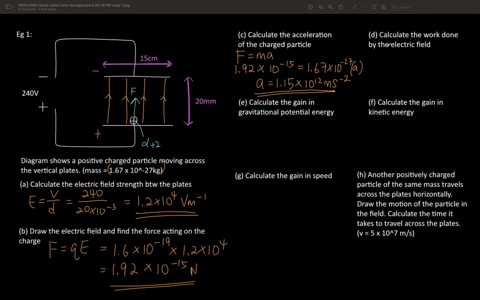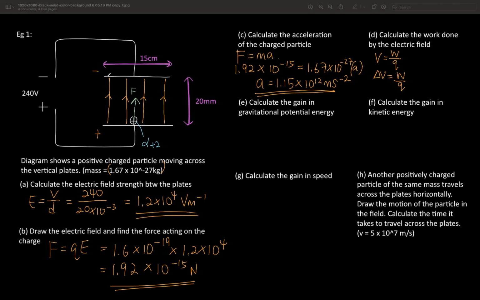Okay, next one, D, calculate the work done by the electric field. For work done by the electric field, we use the potential. We know that potential equals work done divided by Q. In general, the potential difference is equal to the work done divided by the charge.